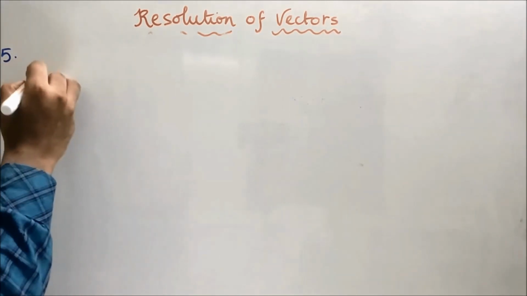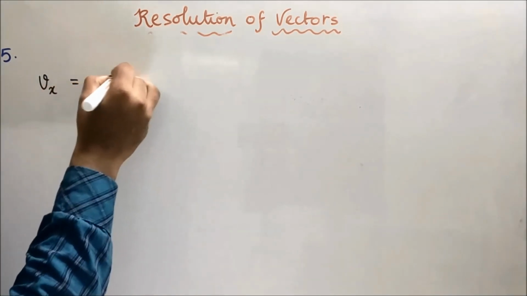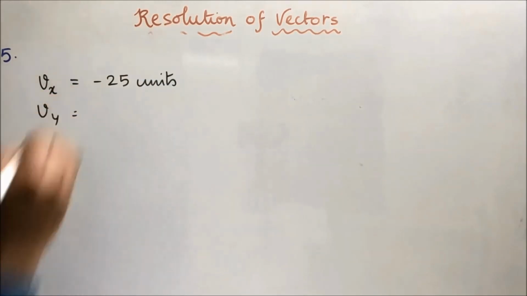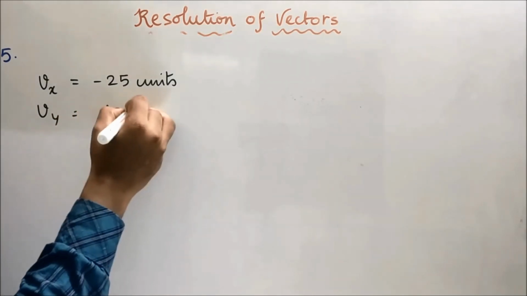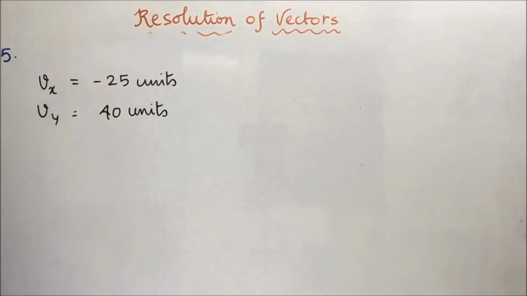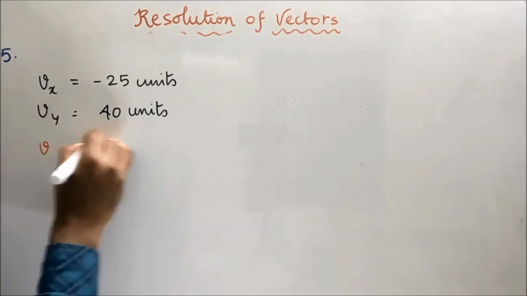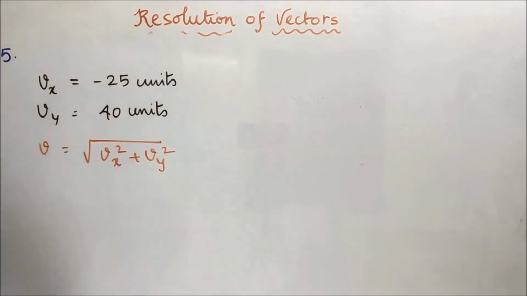So x component given in the question. Let us take the vector as v. So vx is equal to minus 25 units. Vy is equal to 40 units. Then what is its magnitude? Magnitude v is equal to under root of vx square plus vy square.